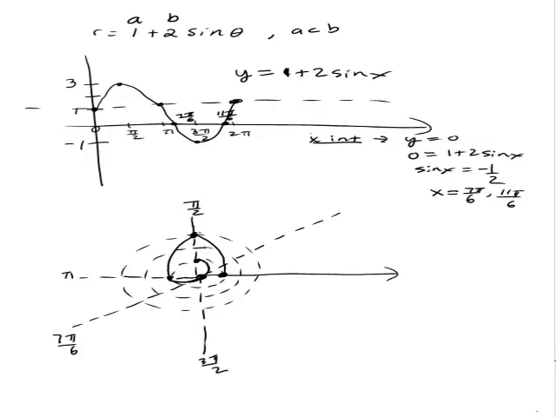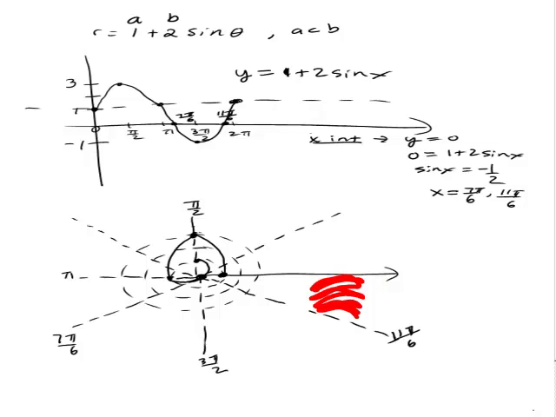Next, 3 pi over 2 to 11 pi over 6. 11 pi over 6 is right here. Since all the r's are still negative between 3 pi over 2 and 11 pi over 6, I'm going to sketch in the extension of 11 pi over 6.